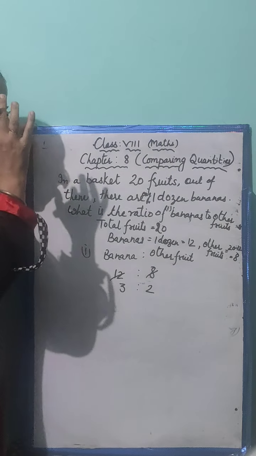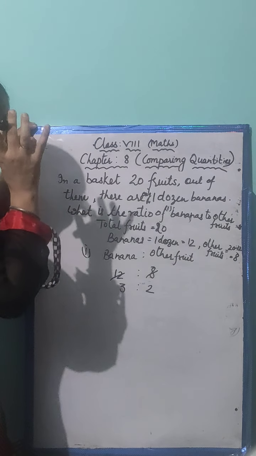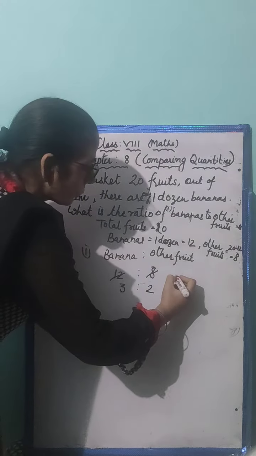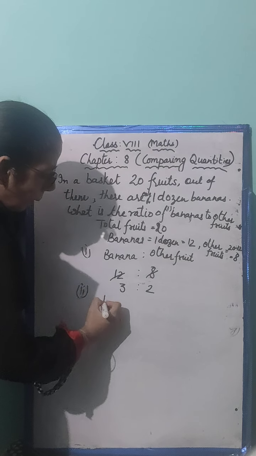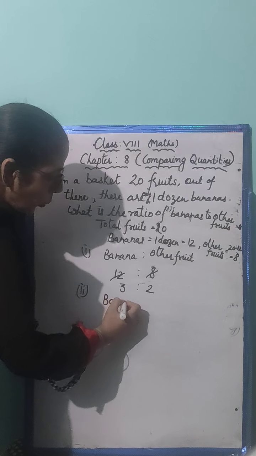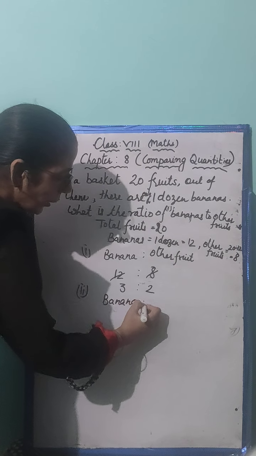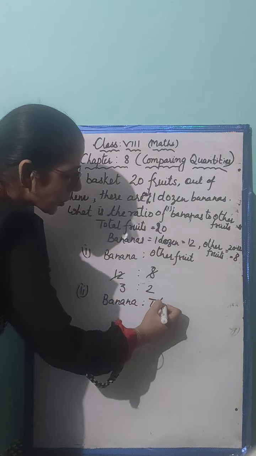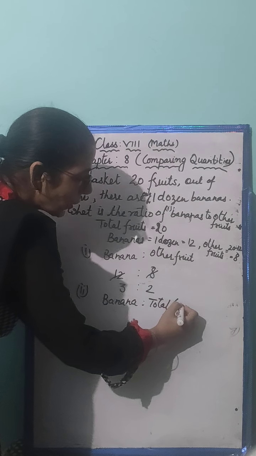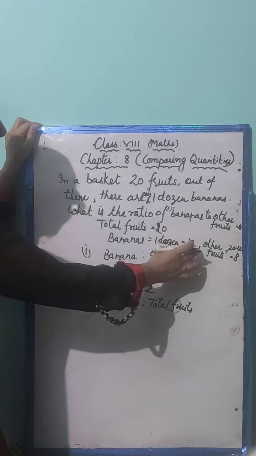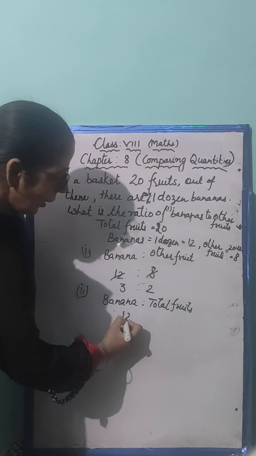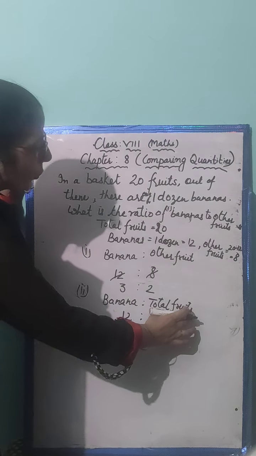If in the same question I ask, what is the ratio of banana to total fruits? Now, what should I do? What is the number of bananas here? Bananas are 12. And what is the number of total fruits?